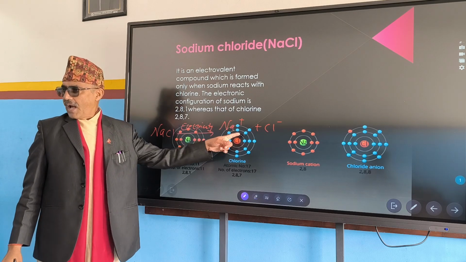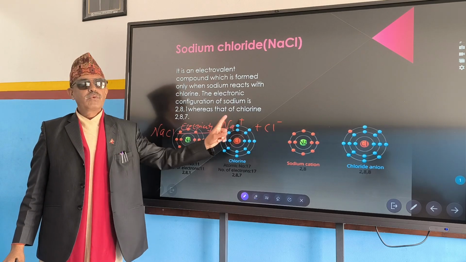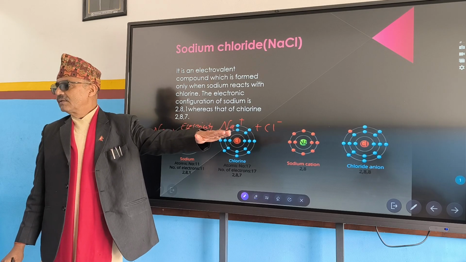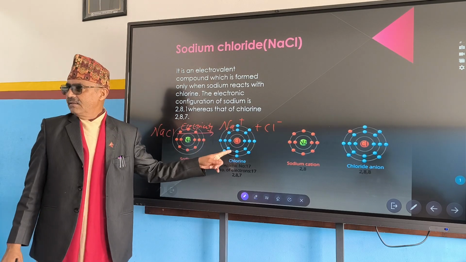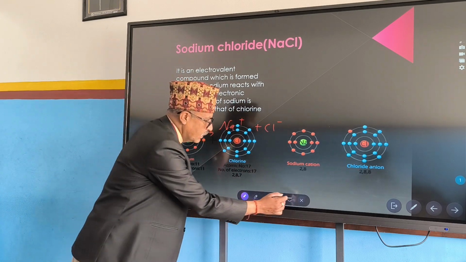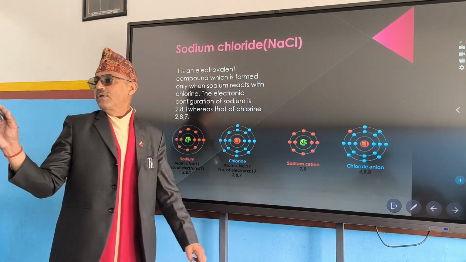Sodium ion, chloride ion. When there are ions, electricity can pass easily. Na plus is cation, Cl minus is anion.